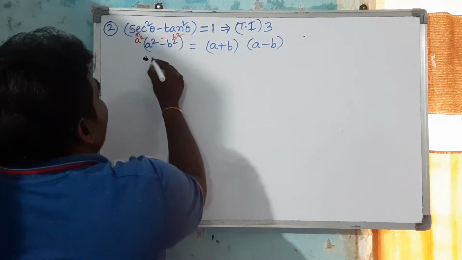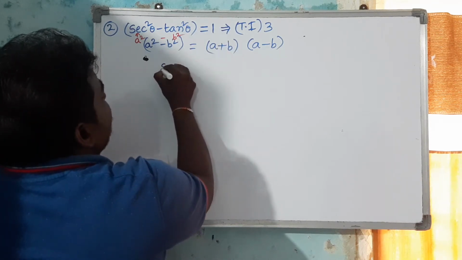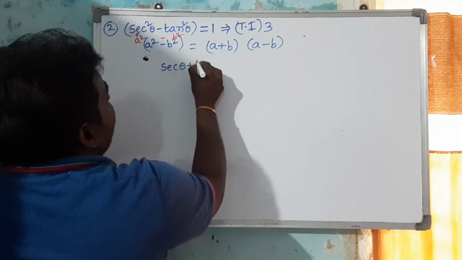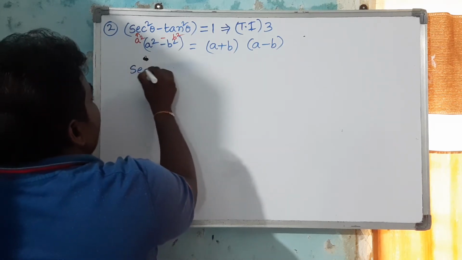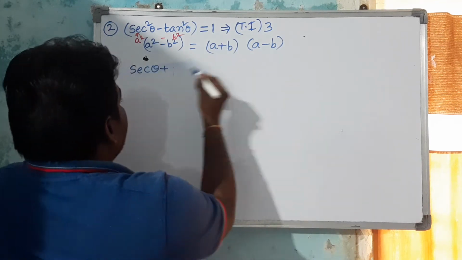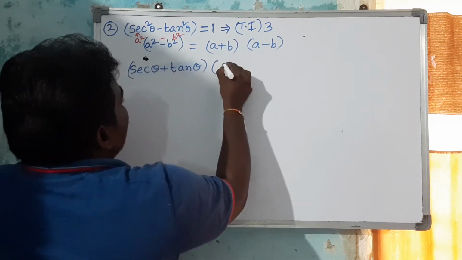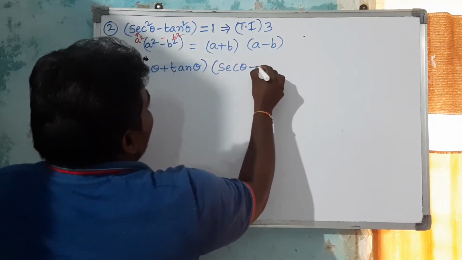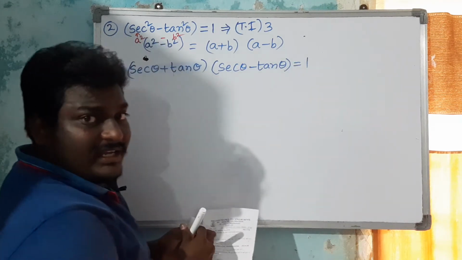So secant square theta minus tan square theta equal to 1 means secant theta plus tan theta into secant theta minus tan theta equal to 1.